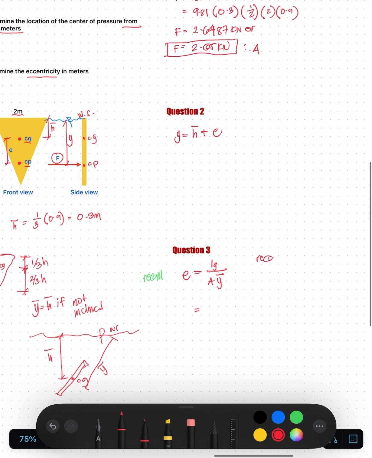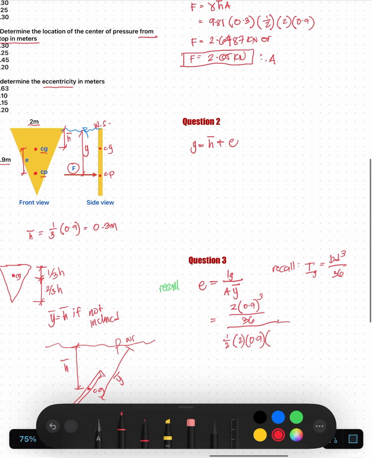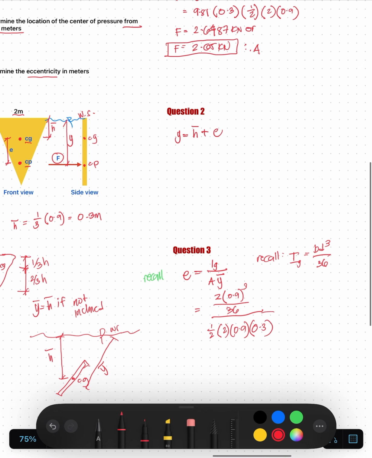Recall also that the moment of inertia for a triangle is equal to bd cube over 36, or base times the depth cube over 36. So base is 2 times 0.9 height cube over 36 over 1/2 base, that is 2 times 0.9 times the barred y, which is equal to barred h, which is equal to 0.3.